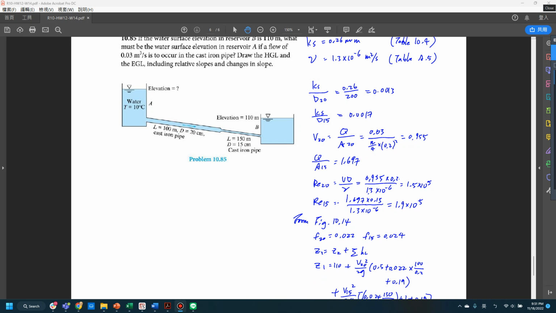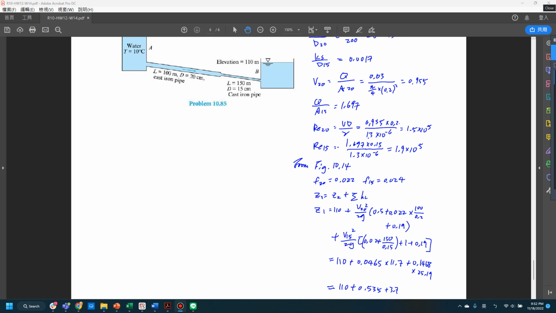And after that, you can also calculate the velocity for the second part of the pipe. So you can use those two velocities to calculate a Reynolds number for both sections of the pipe.